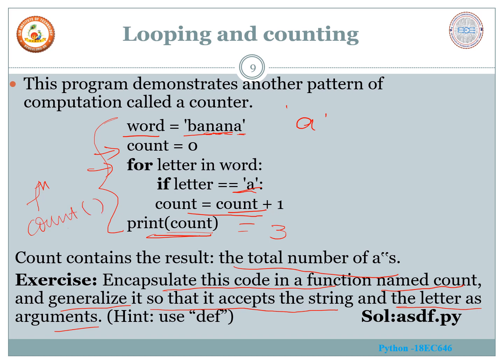When I call this every time, it should count the specific letter whichever the user has entered, and it should give the count of the specific character. That could be taken as an exercise or an assignment.